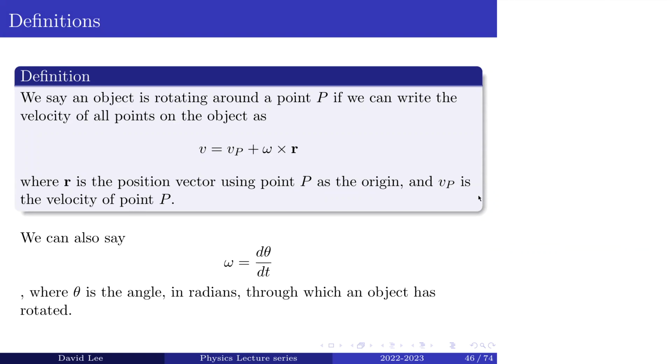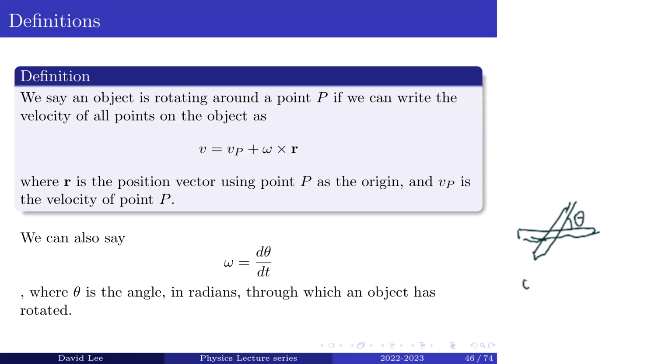So the main idea here is that the velocity is going to be omega times r up to some constant. And we can think of this object also as rotating through an angle. So maybe this is the initial state of the object. And now it's like this. So it's rotated an angle theta.